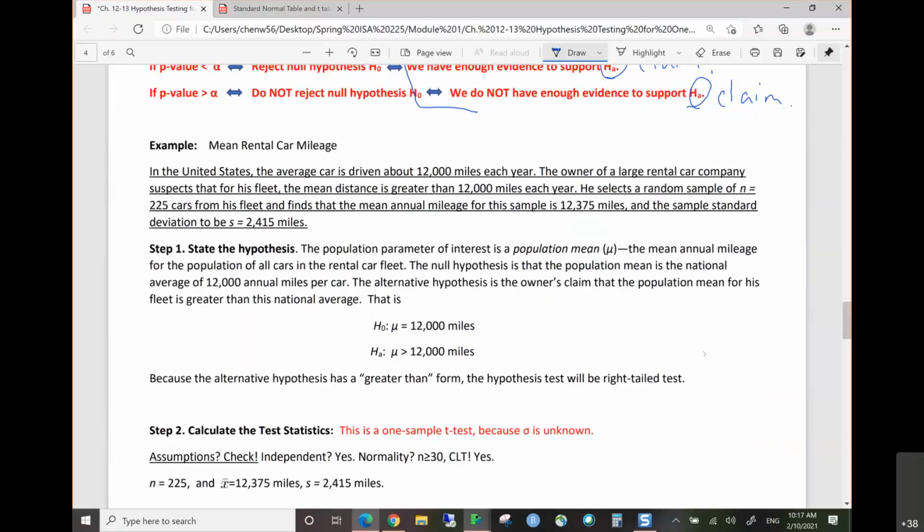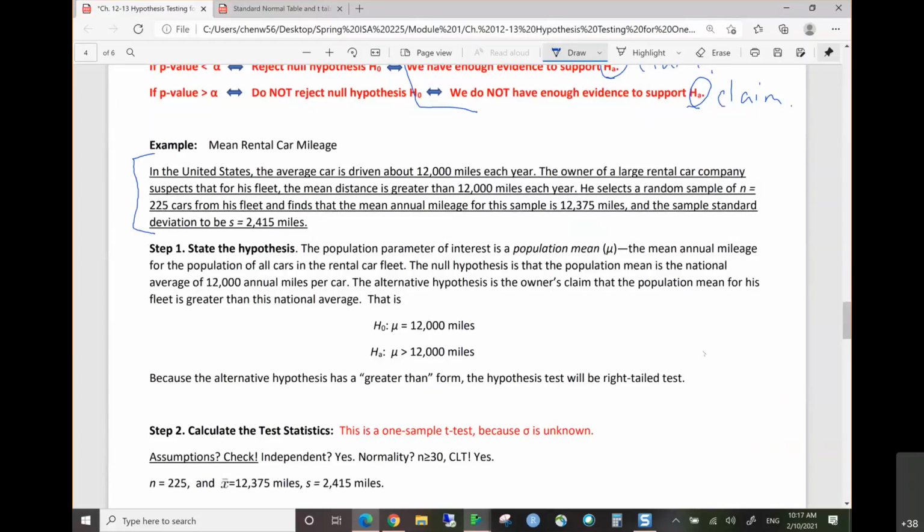He selects a random sample of n equals 225 cars from his fleet and finds that the mean annual mileage for this sample is 12,375 miles. And the sample standard deviation is s equals 2415 miles. All right. Okay, so this is the question with all the information here.